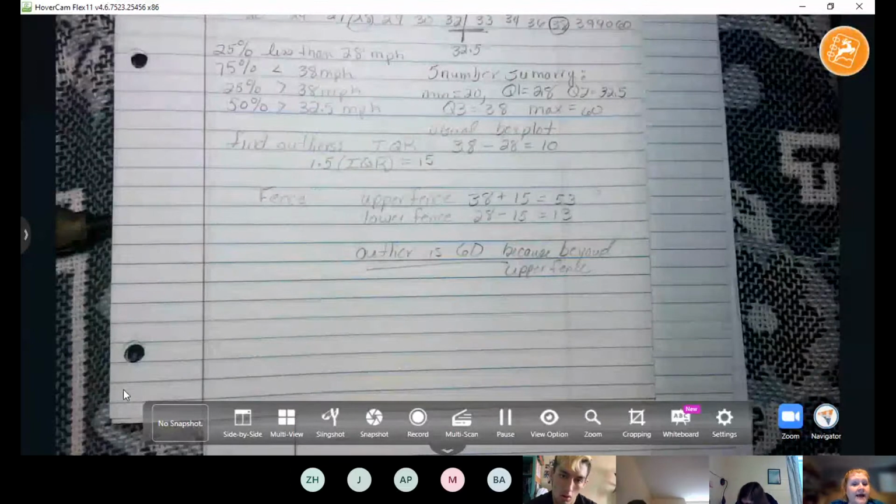So we use that IQR value to find that fence, and then we positively know that we have an outlier because it is either below or above those fence values that we calculated.